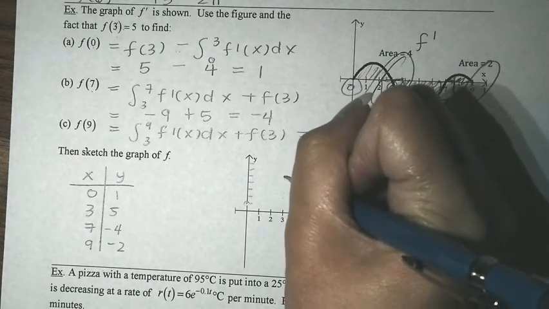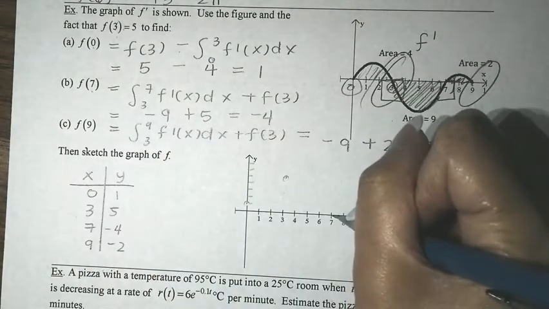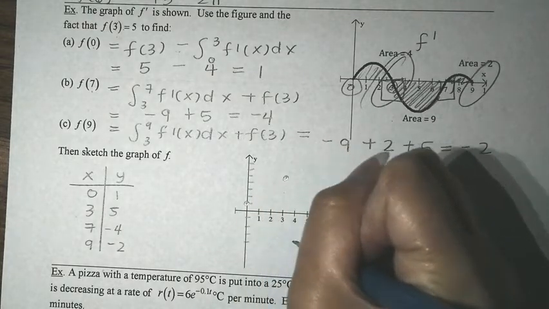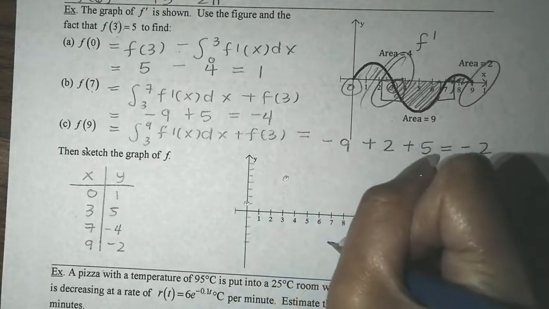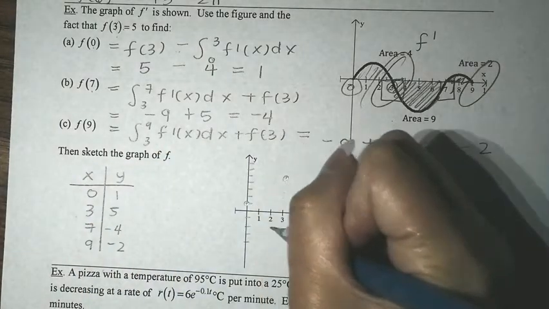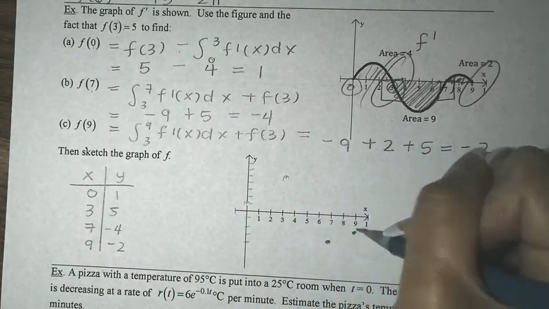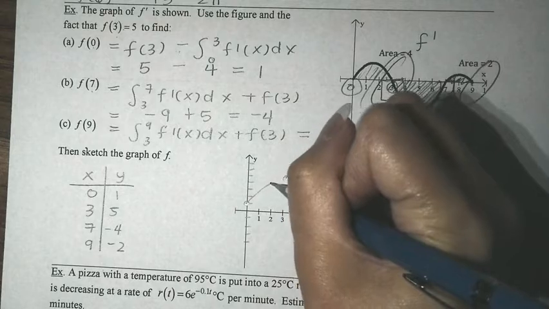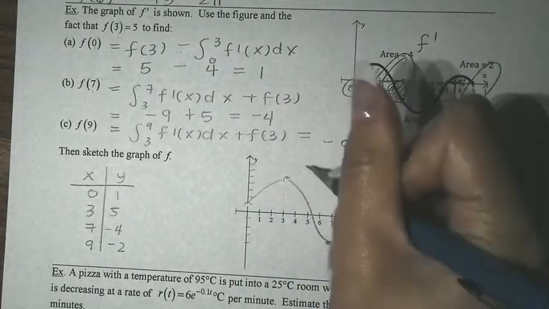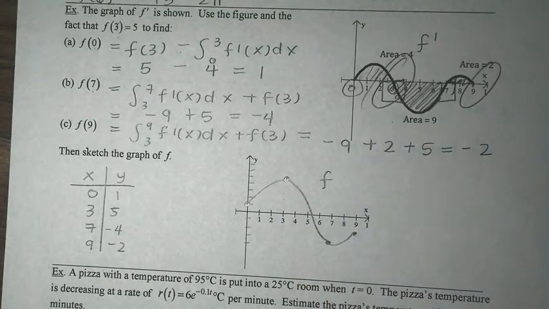That's your second point. The third point is 7, and then negative 4. And last but not least, we have 9, which is going to be around here. So your graph would look something like this. That's a rough sketch, but that's your graph of f. That's what we have so far.